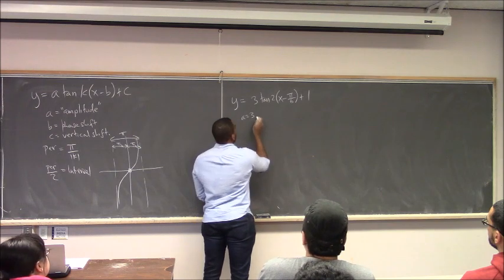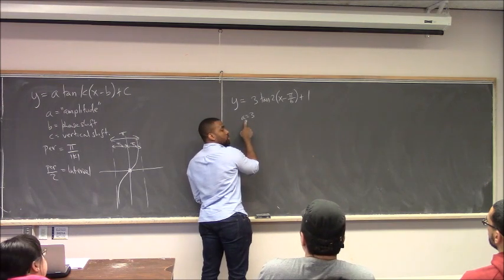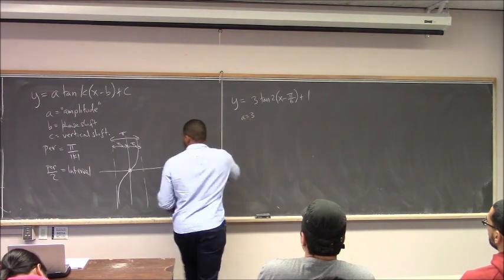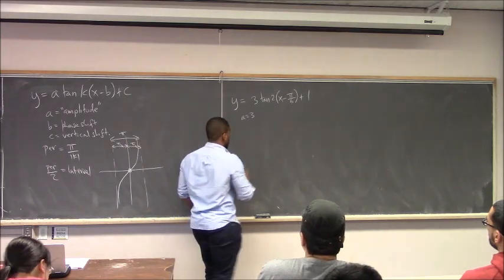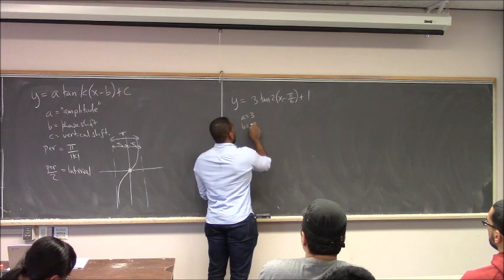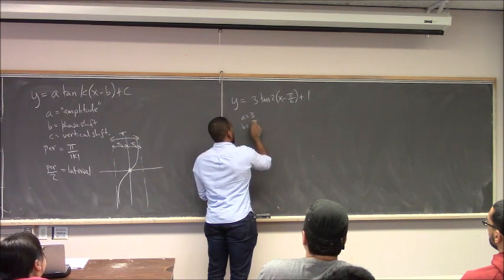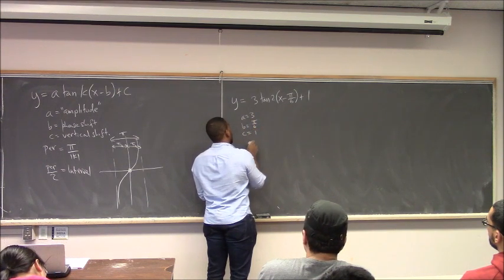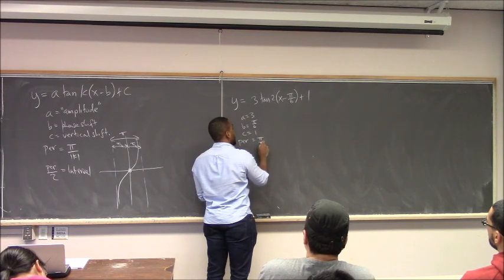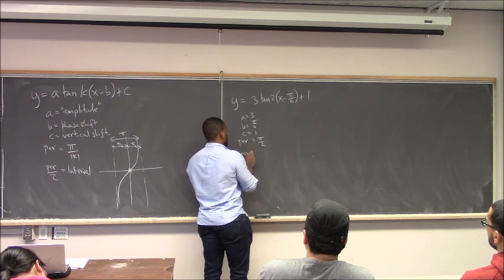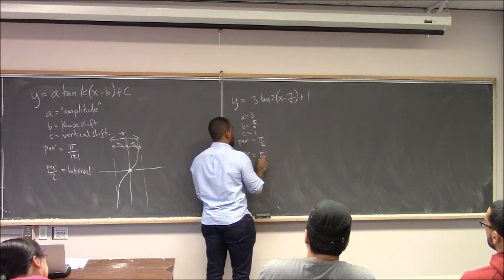Doesn't really matter actually. The only place where this will matter for the tangent is if it's negative, right? So you'll have to know to flip this picture upside down. But the vertical stretch, you're not going to notice it. Here, the b is pi over 6, the c is 1. You look for the period. This is going to be pi over the k, which is 2. And of course, then the period over 2 is going to be pi over 4.